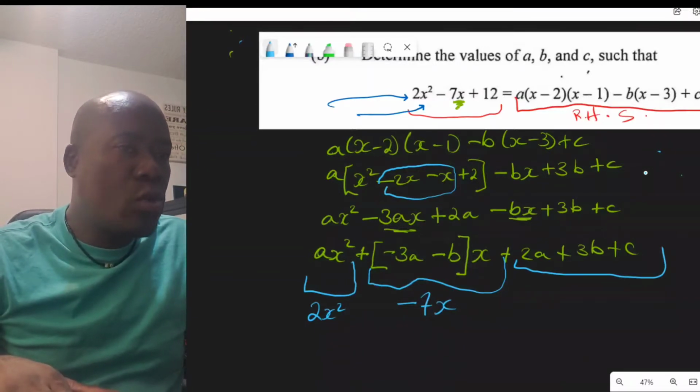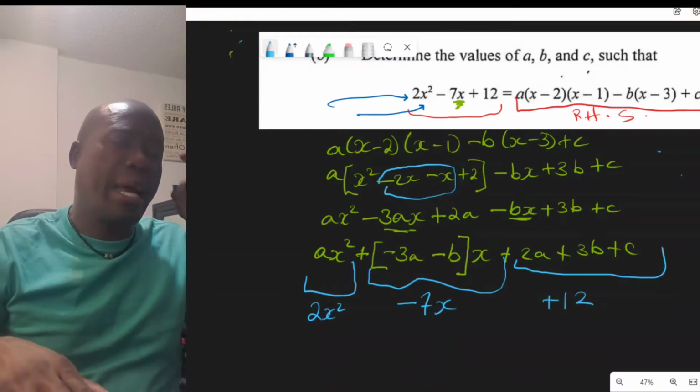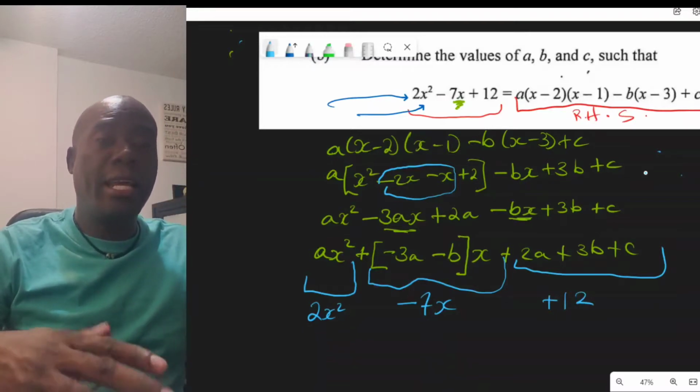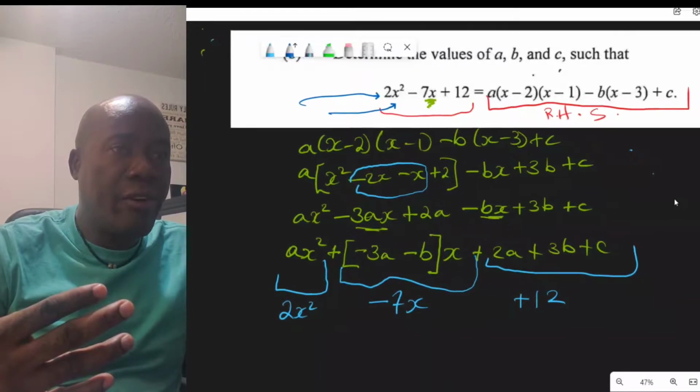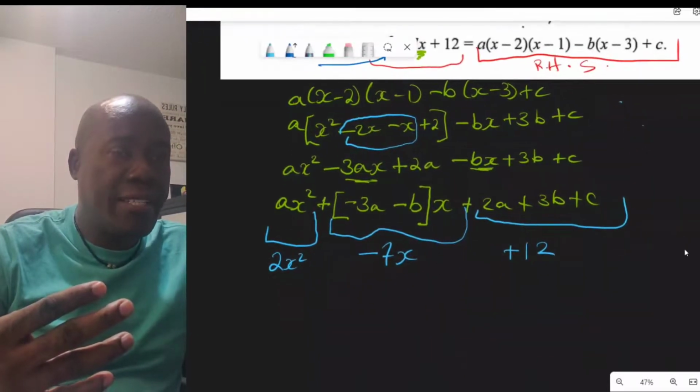And then the 2a plus the 3b plus the c links onto this positive 12 that we're looking at, right? So definitely we're going to use this tool now in an effort to solve for a, b, and c.